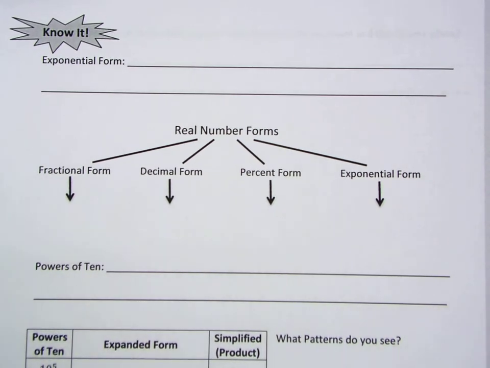So what do we need to know? We need to know the definition of what exponential form is. That is one of your vocabulary words for the week, so it should be in your vocabulary notes, and we're going to complete that definition together.